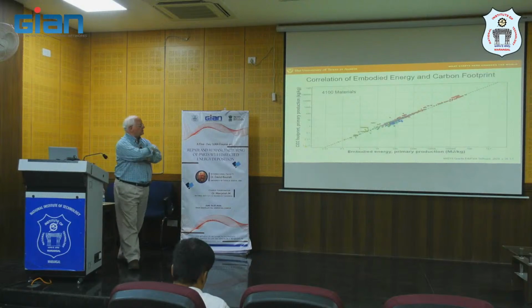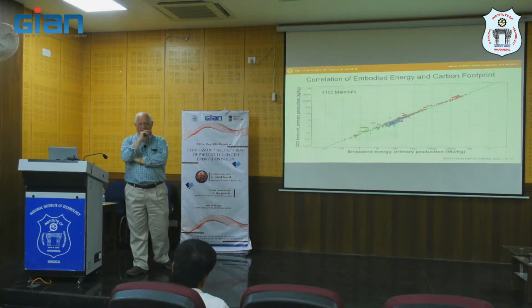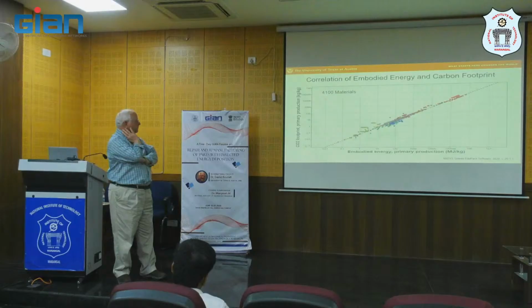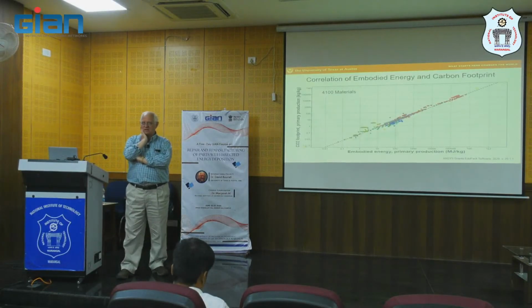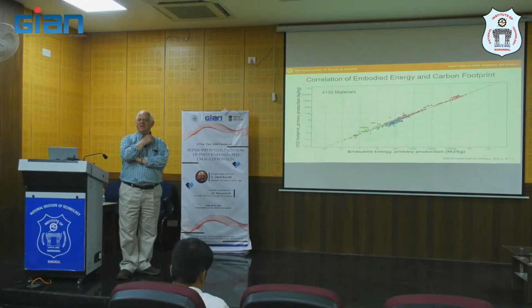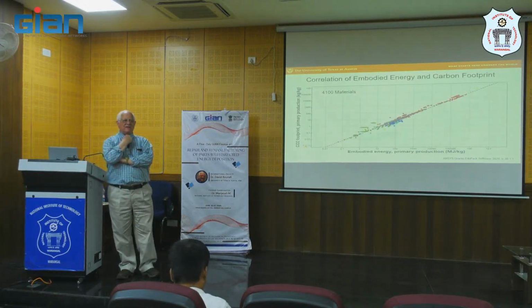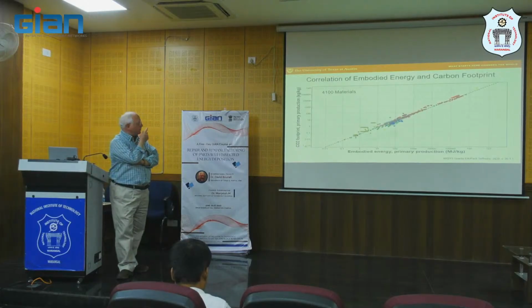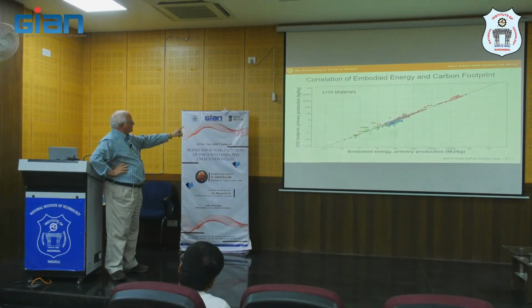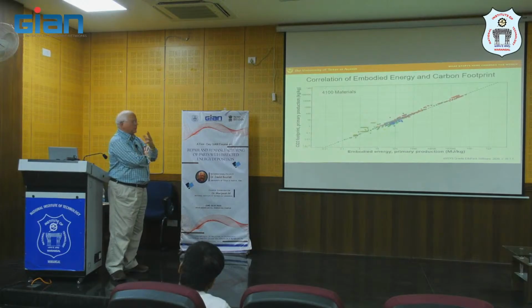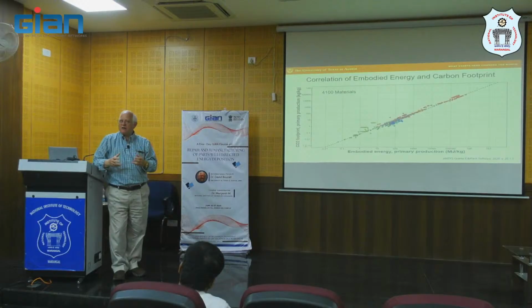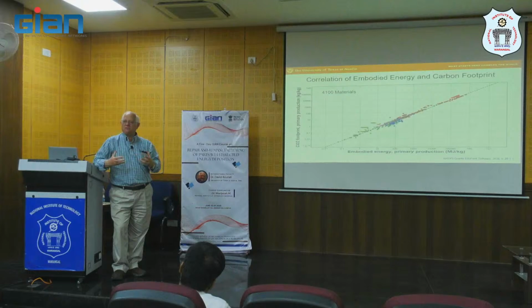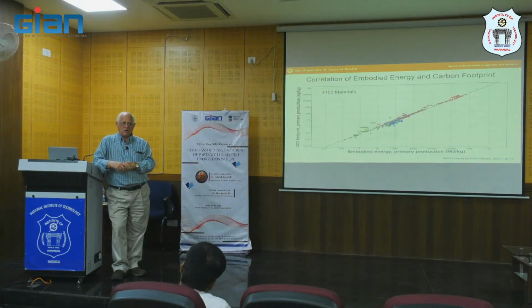Okay, so let's talk about the relationship between embodied energy and carbon footprint. This is a plot that comes from the ANSYS Granta EduPack system. It's actually a really nice piece of software, but unfortunately kind of expensive. But anyway, what I show here on the y-axis is the carbon footprint, that is, how many kilograms of CO2 are created per kilogram of material. And so this is for forming feedstock, so it's not manufacturing processes.